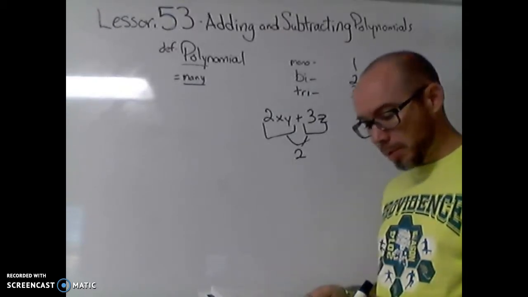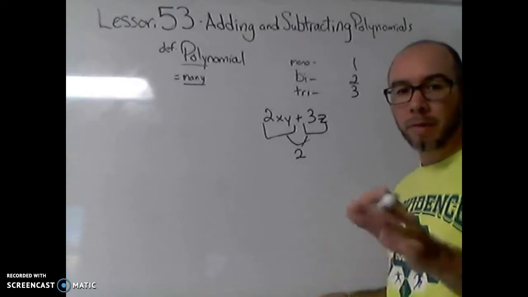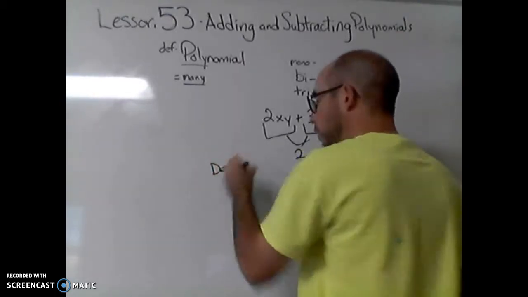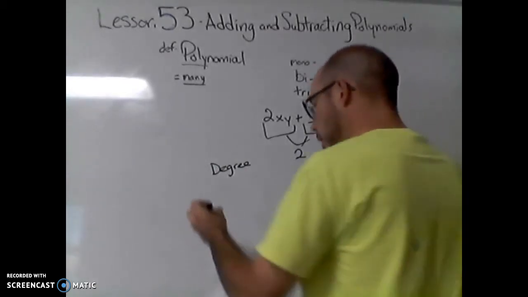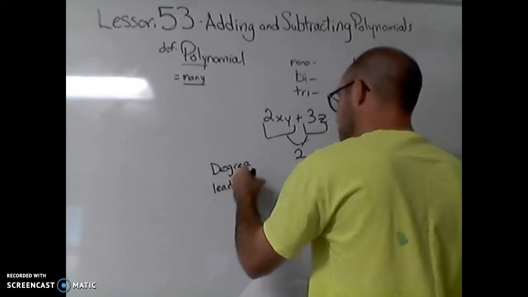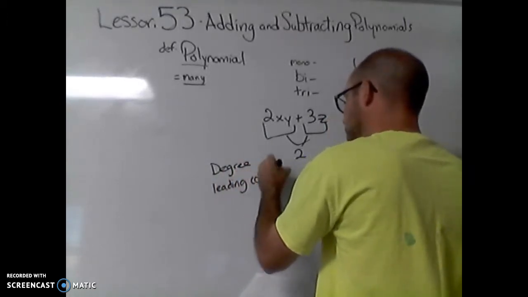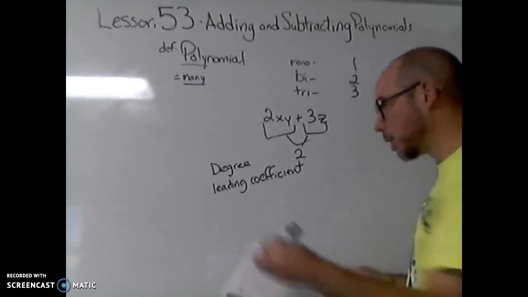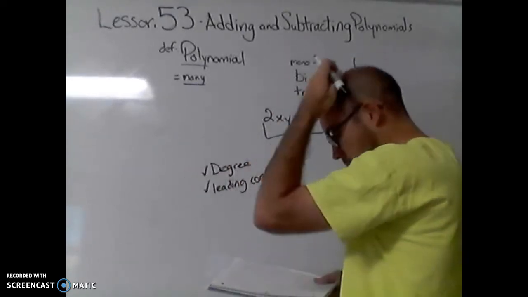For polynomials, we want to look for a few things. We're going to be identifying, first of all, their degree. And we're going to identify a thing called the leading coefficient. Coefficients are numbers that come in front of the variables. So that's another thing that we want to identify.